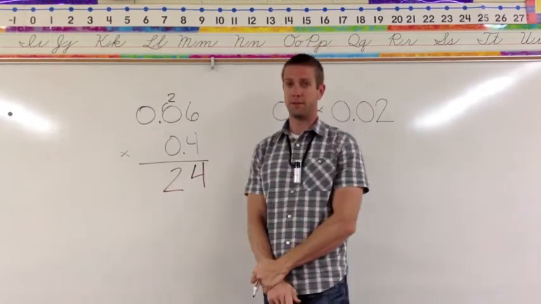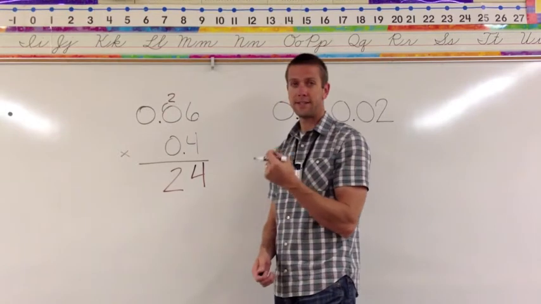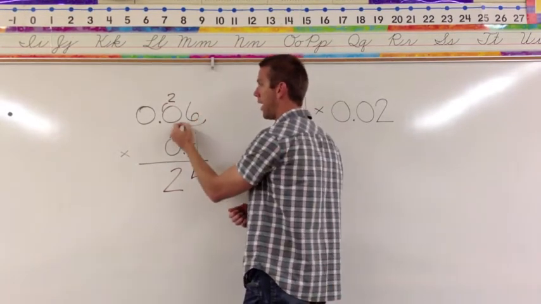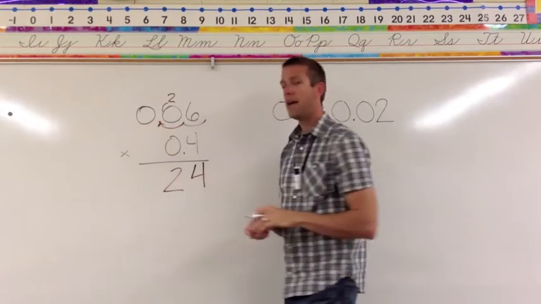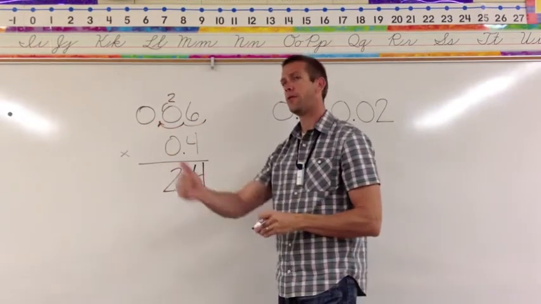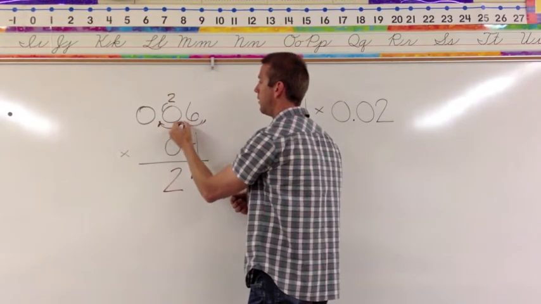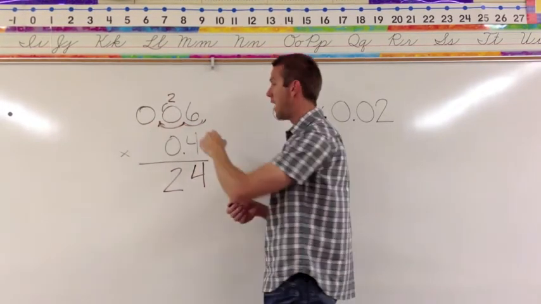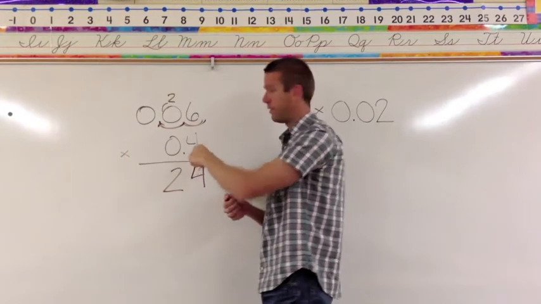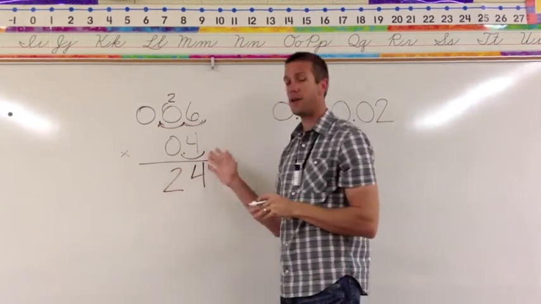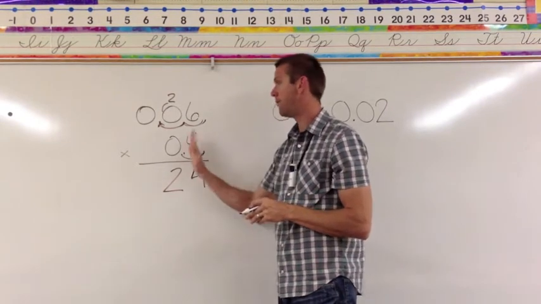However, there's decimals. Now, in the last lesson, I said you kind of count how many hops it takes. In other words, how many numbers are to the right of the decimal? This decimal has one number, two numbers, and then the second number has one number to the right of the decimal as well, or one hop for the decimal.